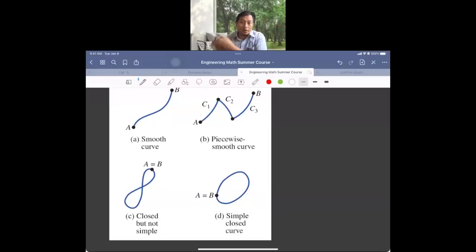So we add another parameter to help us map the curve. But it's not simple, because it makes something like a number 8 for the C. But for the E, it's simple, just a circle, and then it's closed, going back to the B.